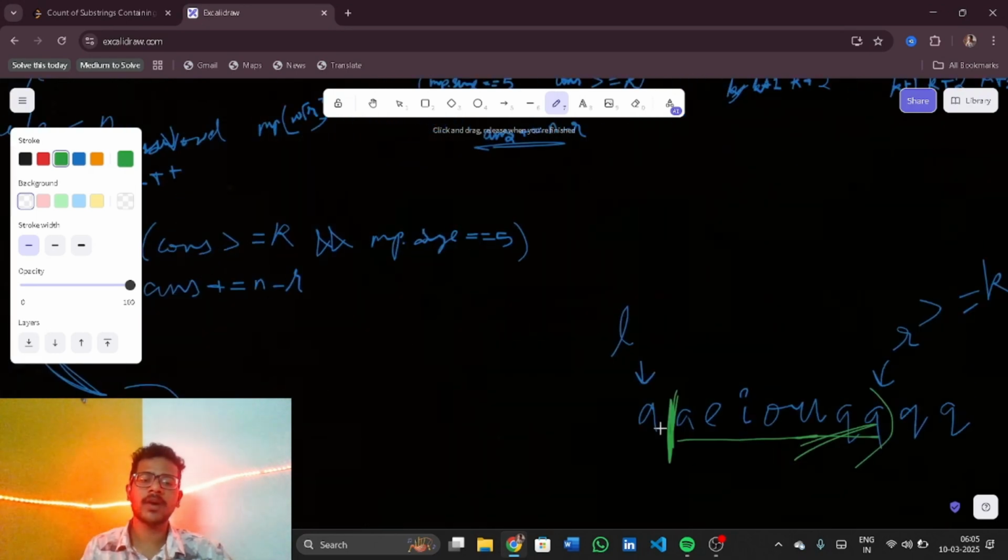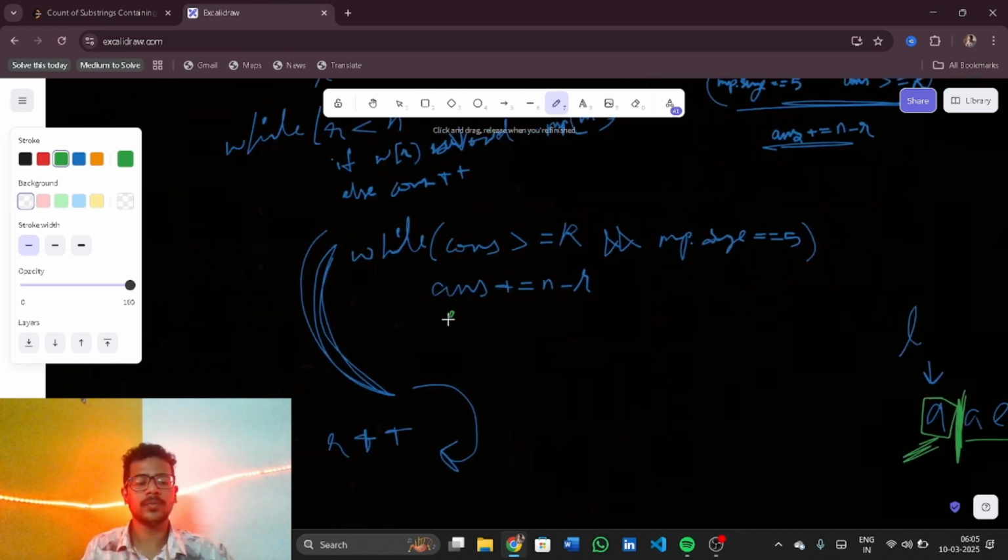Now I am incrementing my left pointer. But what if I get a vowel there? For that I need to do something.